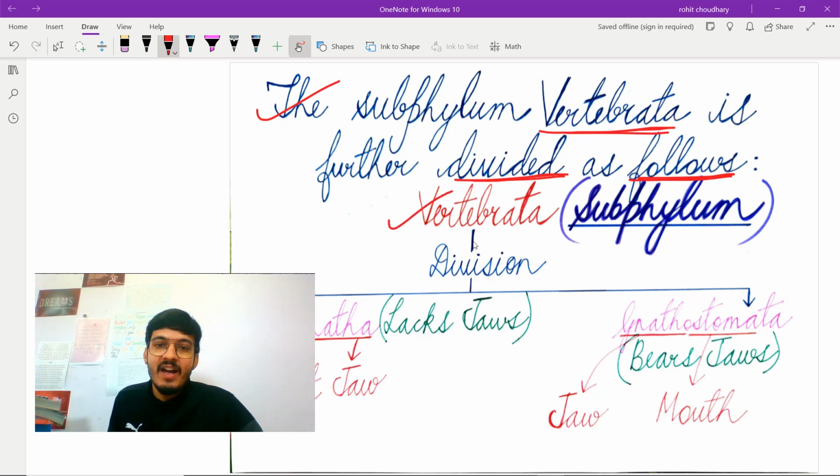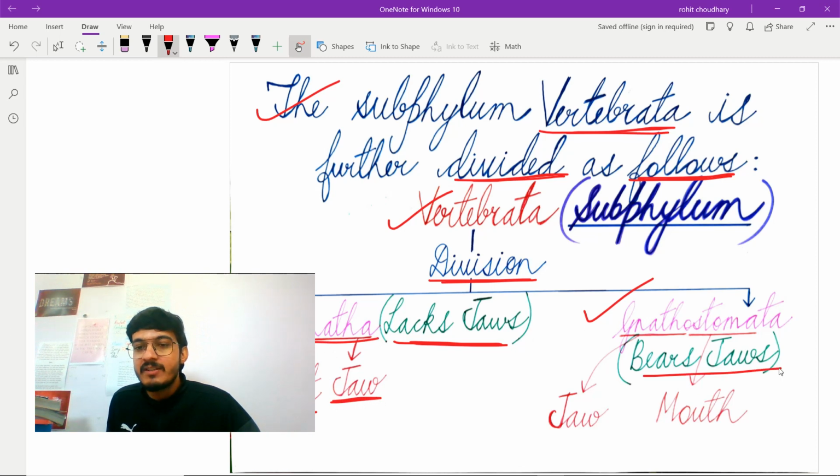Vertebrata is divided into agnatha and gnathostomata. In agnatha, A means absent and natha means jaw. As you can see, the meaning of the term lies within the term itself.